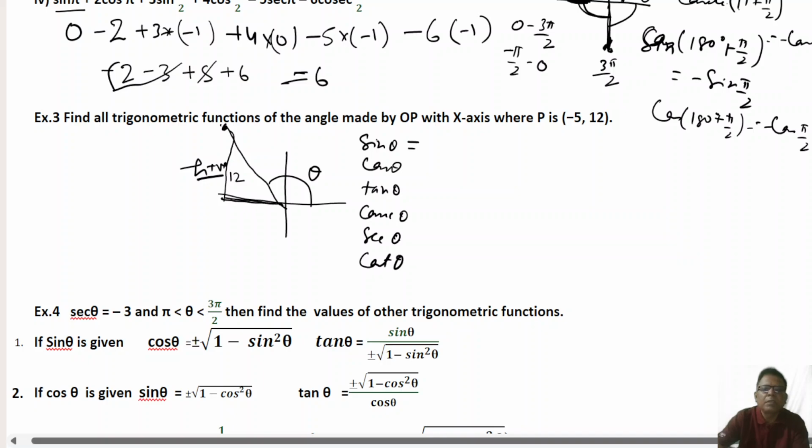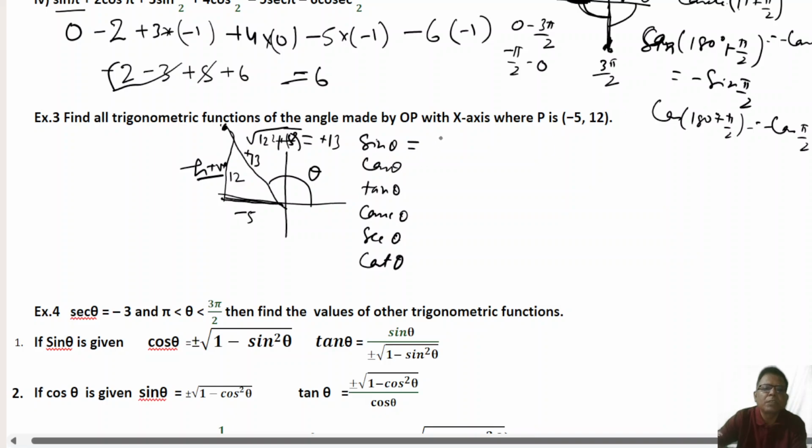And this is negative, minus 5. So the hypotenuse will be 13. How? 12 square plus 5 square, minus 5 square is also the same, that is not an issue. So that is equal to positive 13. So positive 13 is the hypotenuse.